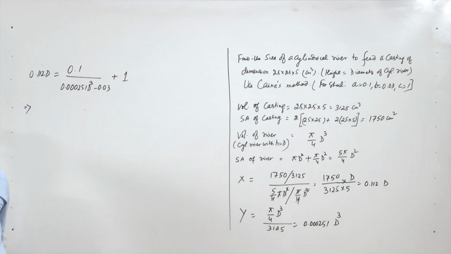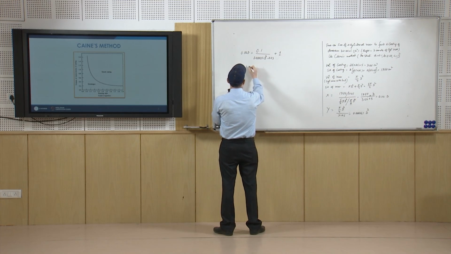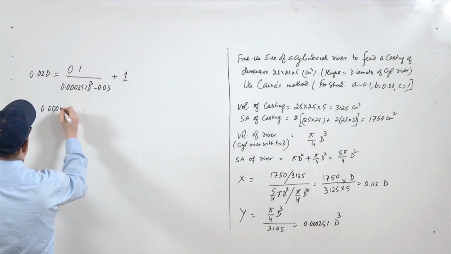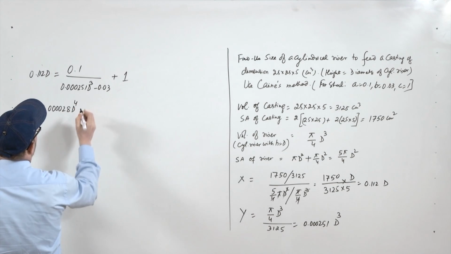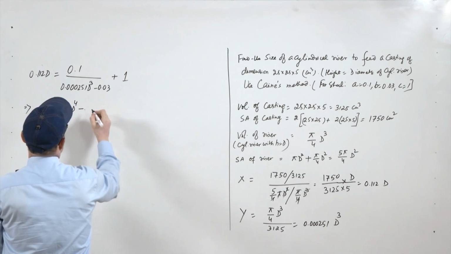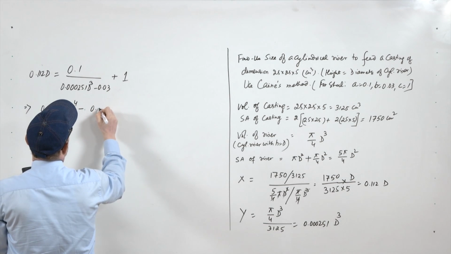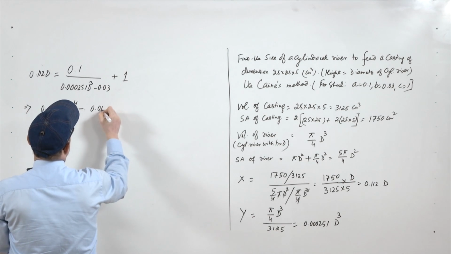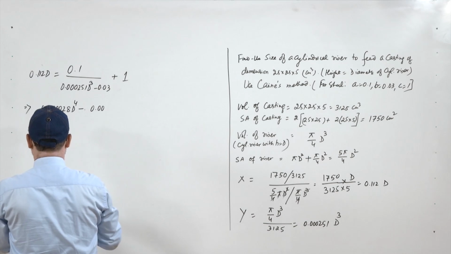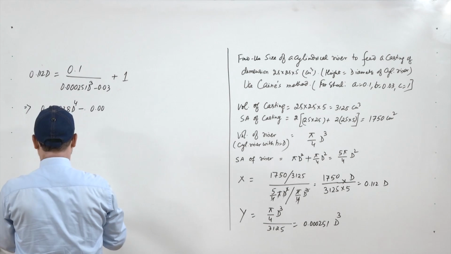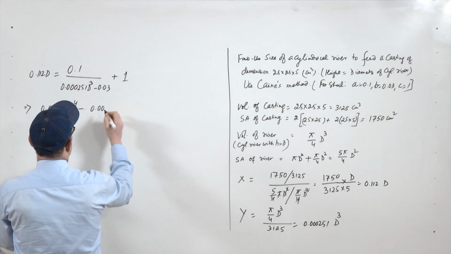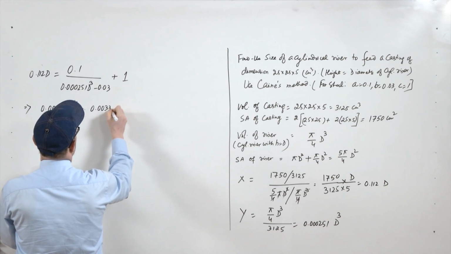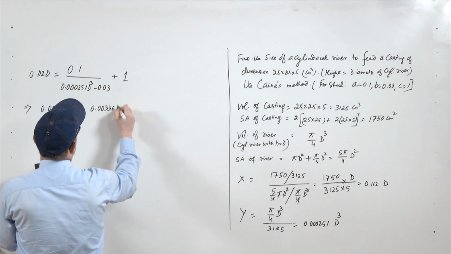So, this equation will be 0.00028128 d to the power 4 minus, this will be 0.112 multiplied by 0.03, that is 0.00336 d.